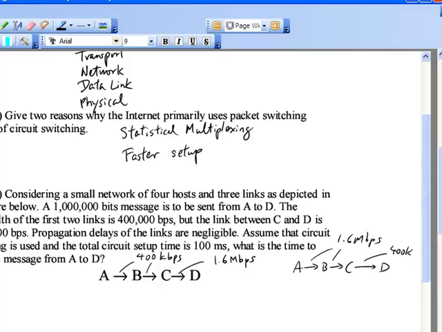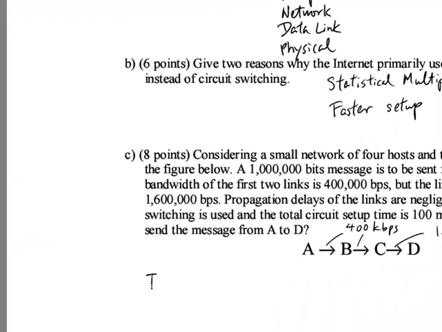So in this case, the total amount of time for sending the message from A to D will be the setup time, which is required for circuit switching, plus the transmission delay. In terms of delay, there are 4 components: the propagation delay, transmission delay, the nodal processing delay, as well as the queuing delay.